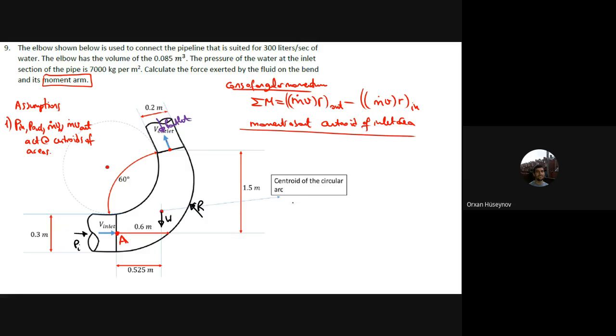For the pressure inlet, I'm writing the left-hand side now. You will have the pressure inlet multiplied with its arm. What is the moment arm of pressure inlet? You can write it as a comment.